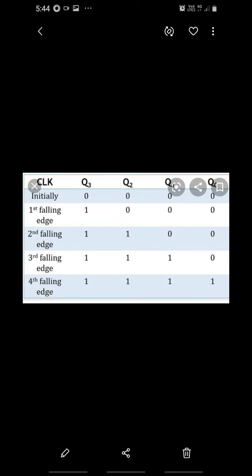So during each clock pulse, at the positive going edge of the first clock pulse, the MSB bit 1 is sent to the output of the last flip-flop, and hence Q3 becomes 1.